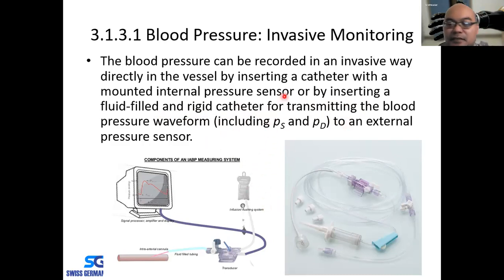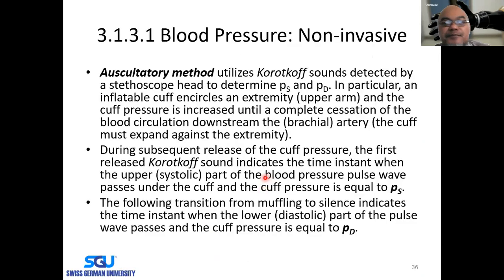So either the pressure sensor can be directly inside the catheter, or another way is the pressure sensor is outside, and the blood pressure is transmitted using fluid inside the polyurethane tubing, brought to this transducer located outside the body, and then that is where the blood pressure is being measured. And these are two ways of measuring the blood pressure using invasive monitoring.